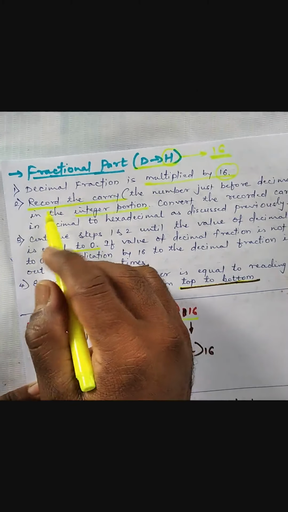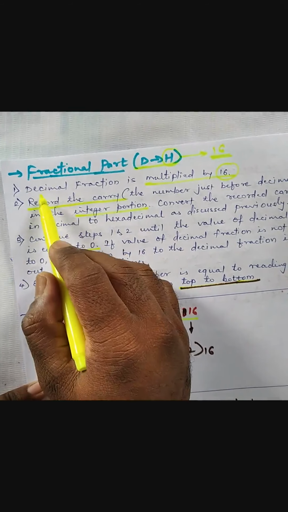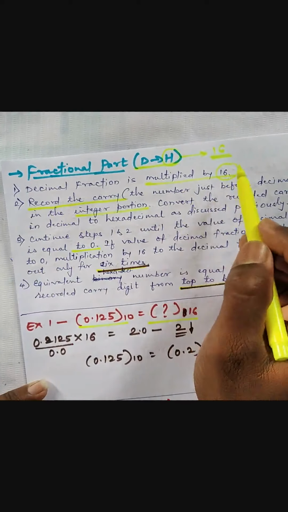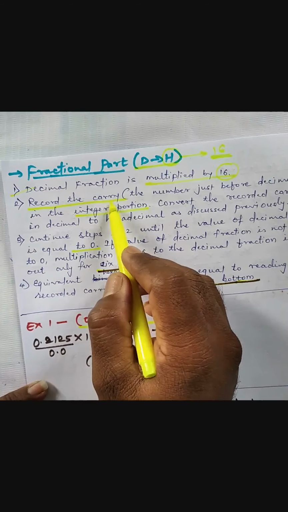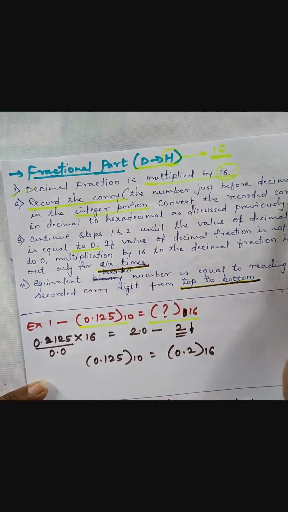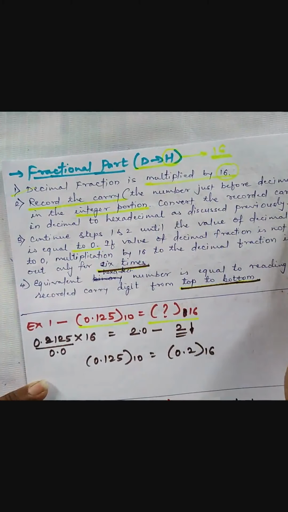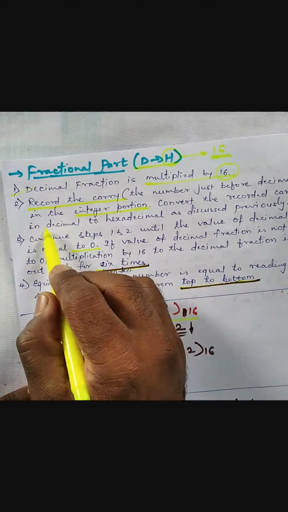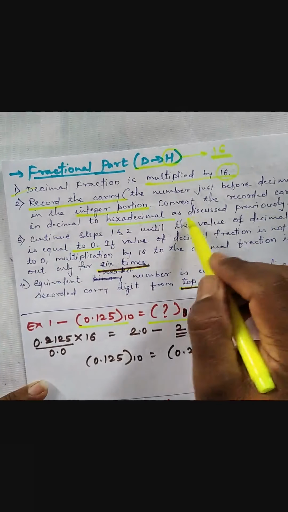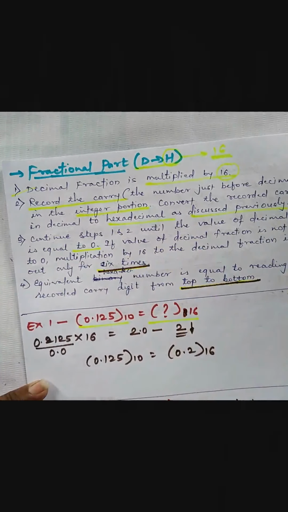Okay, so quickly we'll go through these steps. So the decimal fraction is multiplied by 16. Record the carry, that is the number just before the decimal point, in the integer portion. Convert the recorded carry digit in decimal to hexadecimal as we have discussed previously.